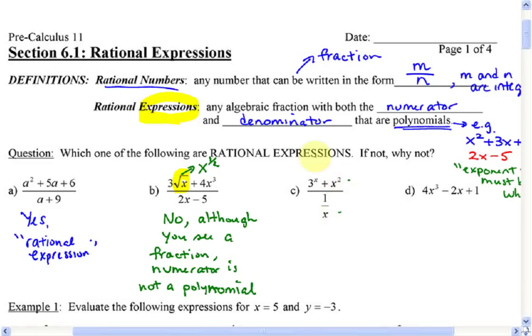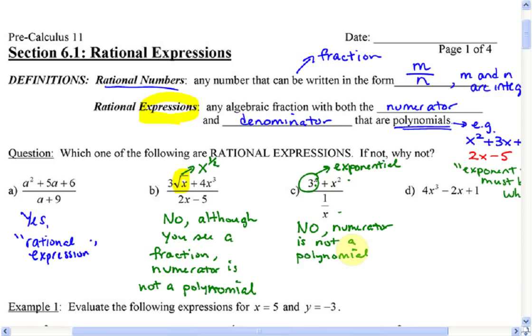No, because this is to the power of x. This is what they call an exponential, so that's no. We won't worry about that right now, but that's no good. So once again, no, because the numerator is not a polynomial.